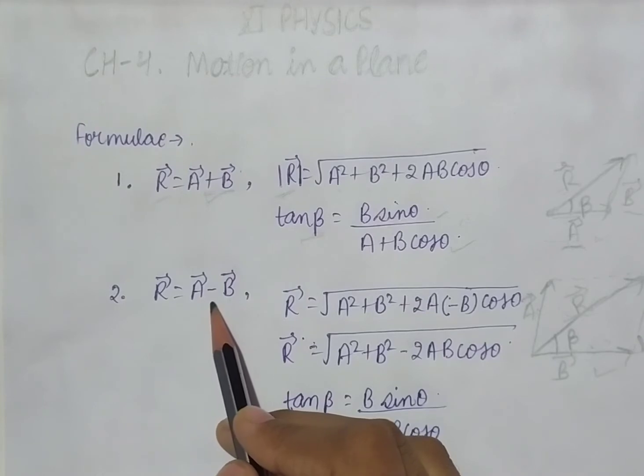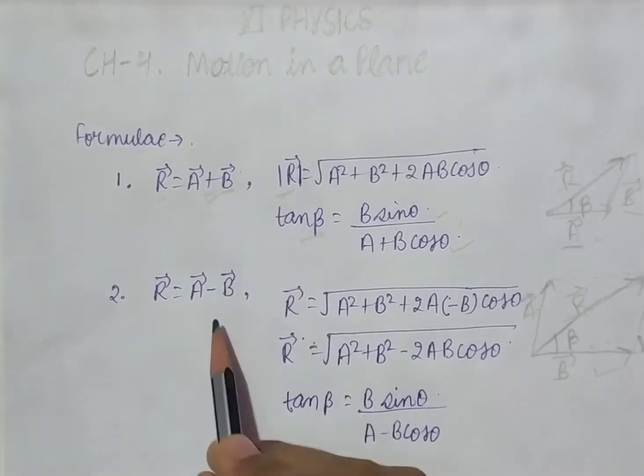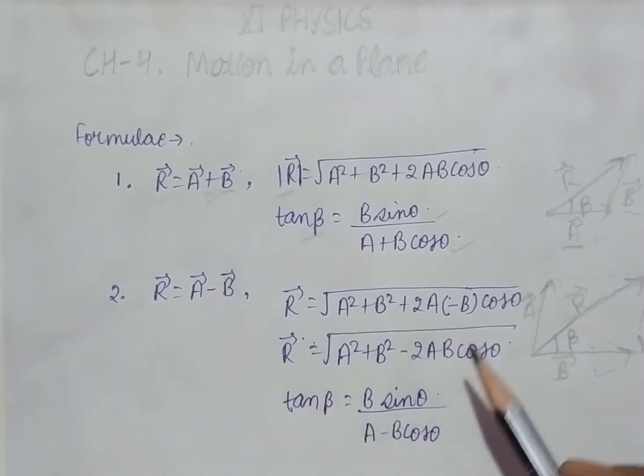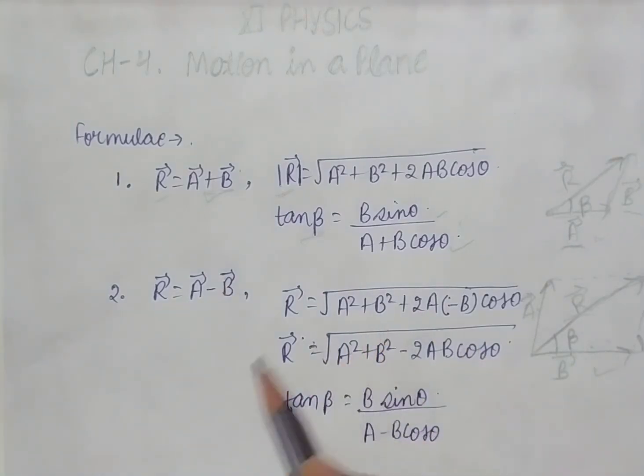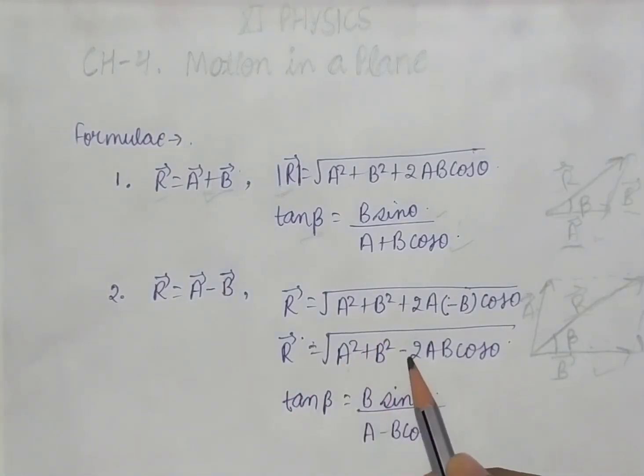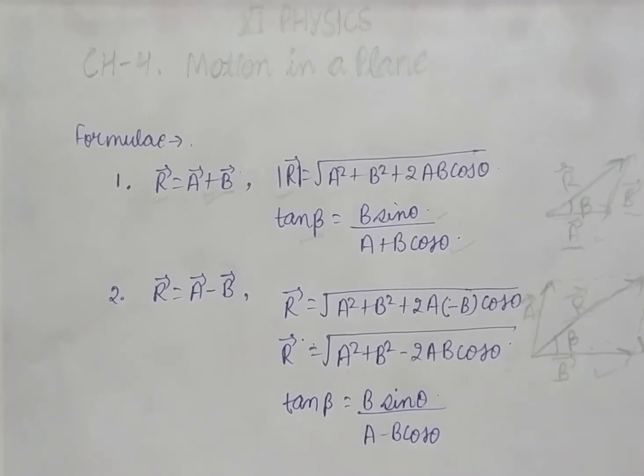Here we had plus b, here we will take minus b. So the formula becomes a square plus b square minus 2ab cos theta under the root. And in the same way we can find the value of tan beta also: b sine theta divided by a minus b cos theta. Understood?